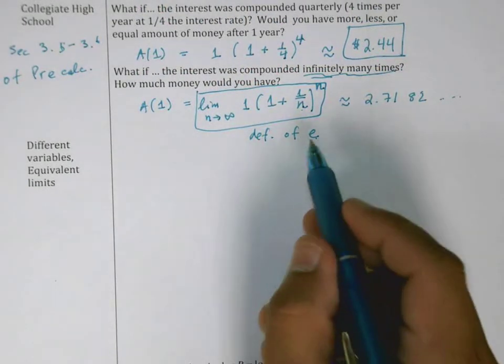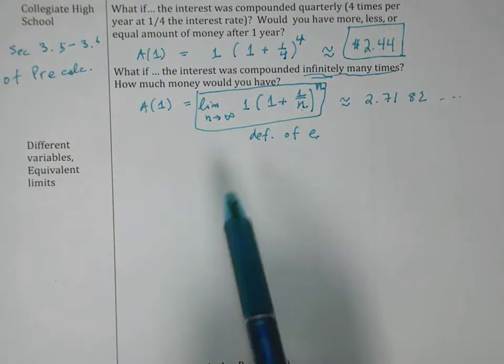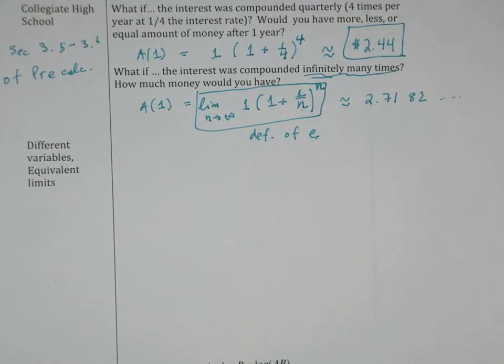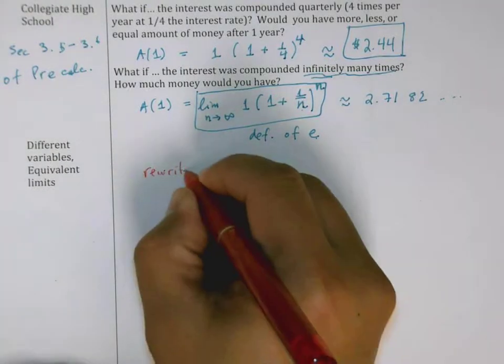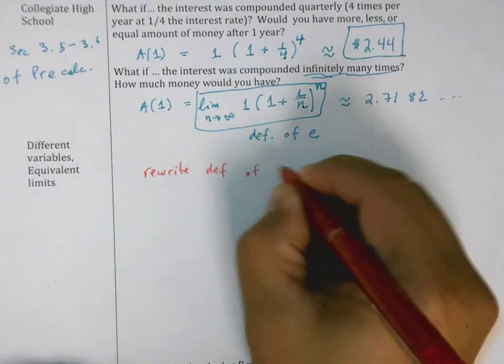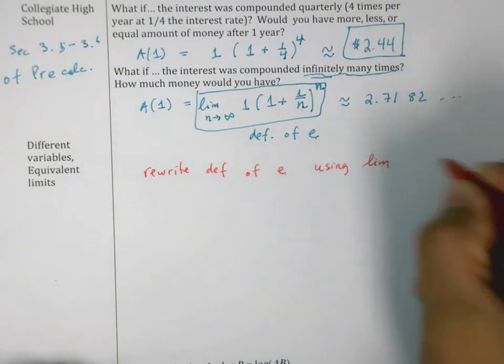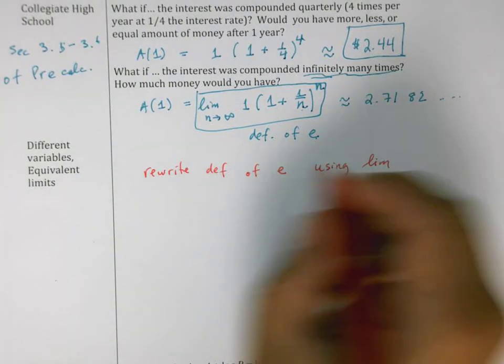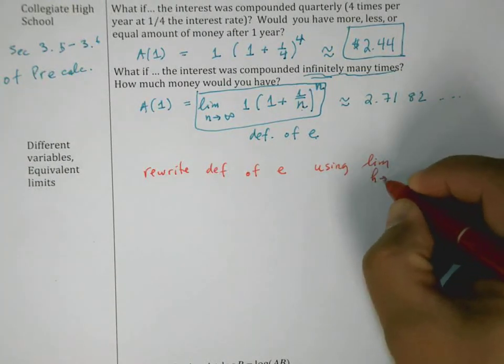Now, in calculus, sometimes it's helpful to write the limit of a variable as it approaches 0 instead of as it approaches infinity. So here's the big idea. We are going to rewrite the definition of e using the limit as some variable, and we'll call it something different than n, say h, approaches 0 rather than having it approach infinity.